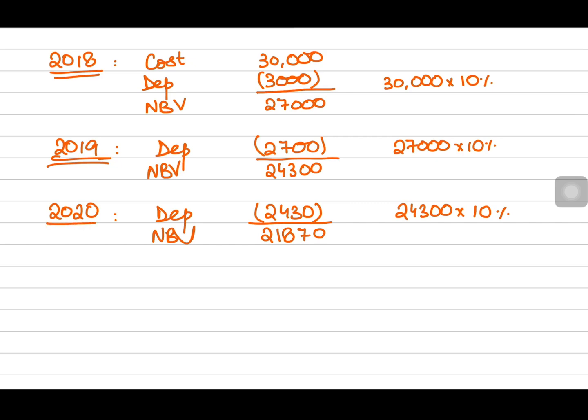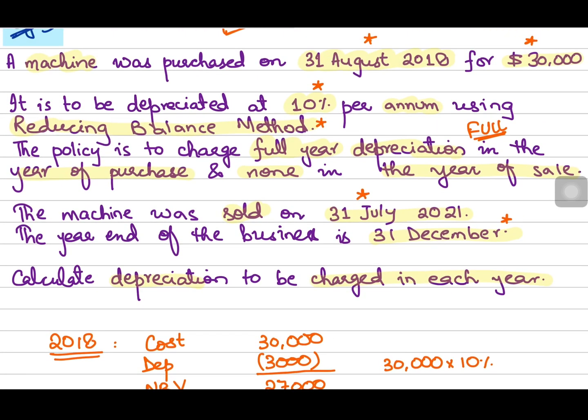Now I am standing in 2021. How should I charge depreciation in the year of disposal? In this example, the asset was sold on 31st of July 2021. That is, for how many months did this asset remain in the business in 2021? For the first 7 months. So, should I charge depreciation for the first 7 months on this asset in 2021? Can I do this?